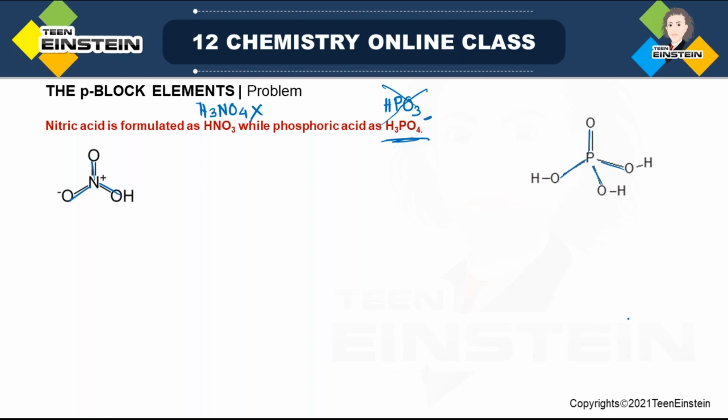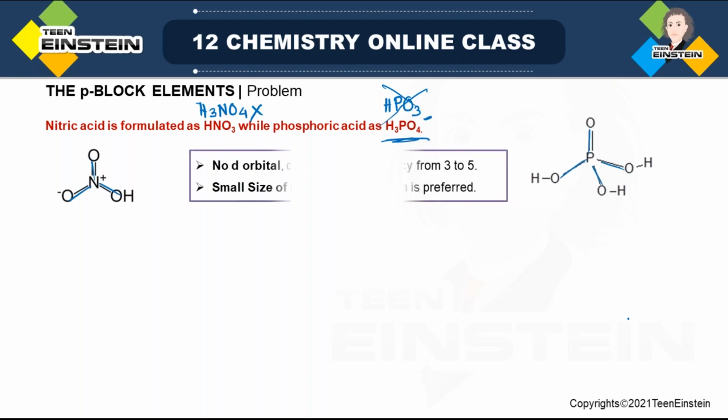The same reason, because nitrogen will always behave differently. The important reasons here are, because of absence of d orbital, it cannot expand its valency from 3 to 5. Another reason is the small size of nitrogen, so higher coordination will be very difficult. See here, coordination 5, 4, here it is 3. So higher coordination will be difficult. That is the reason the formula is like this.